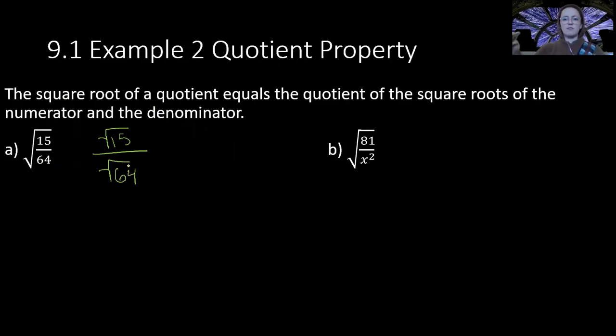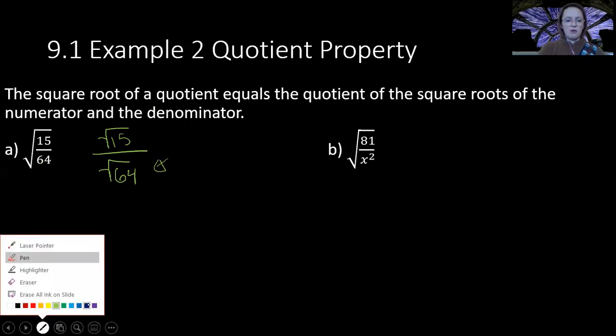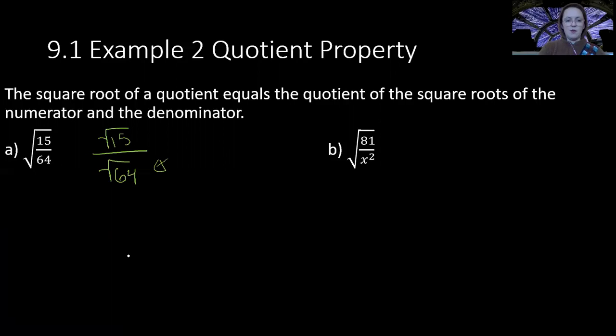Just like we did in the previous video, we're going to check and find any factors that are perfect squares inside the radical. If we start on this bottom one, this 64, I see one right away that we can do. 64 is a perfect square. So the square root of 64 is going to wind up with an 8 on the bottom.